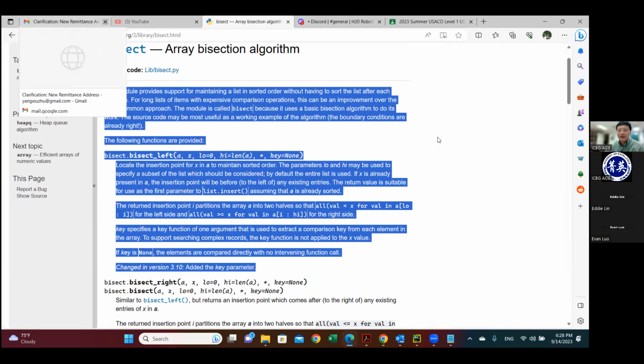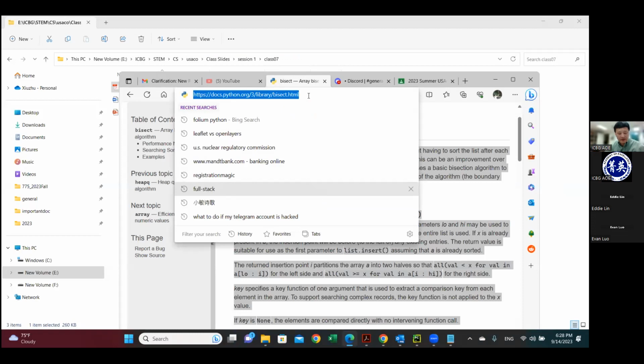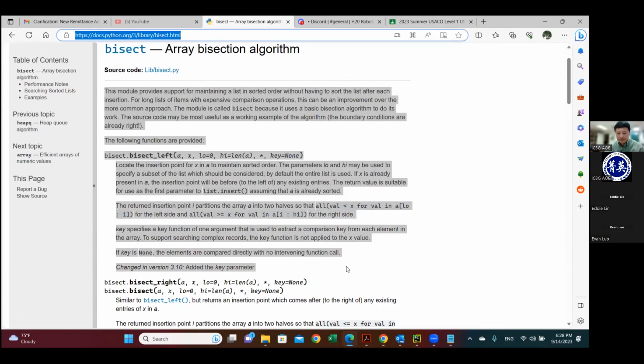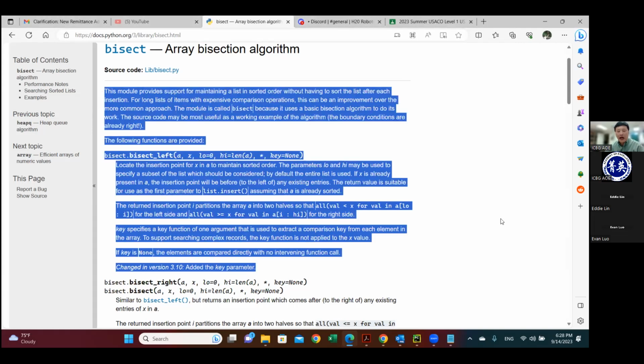So let me give you this. You are in Zoom, right? So I can give you this URL. So you can just go there and read this one, and then you see that you can actually directly use this function, this module, to help you.